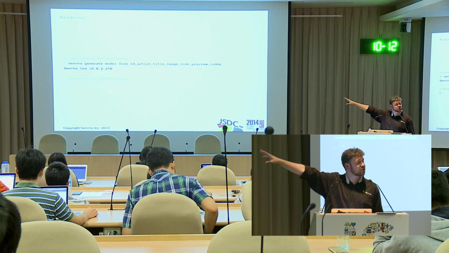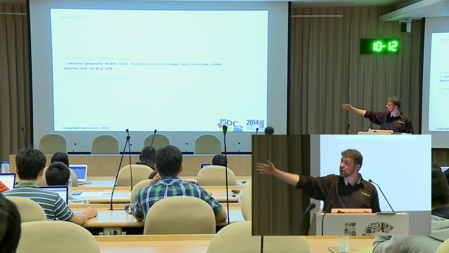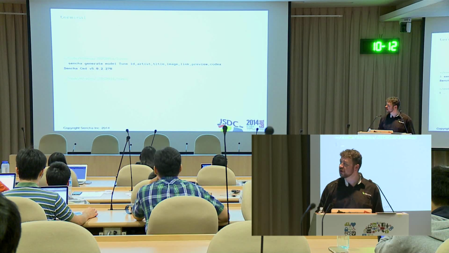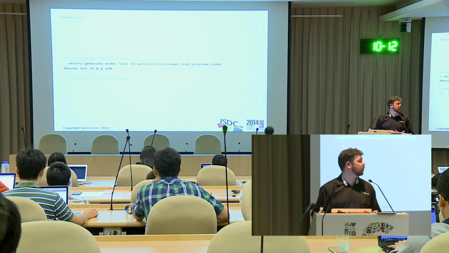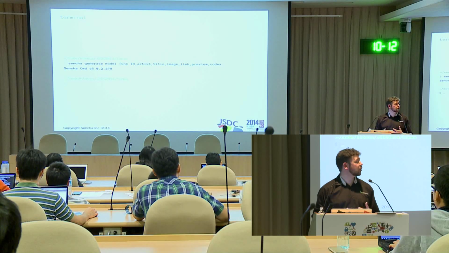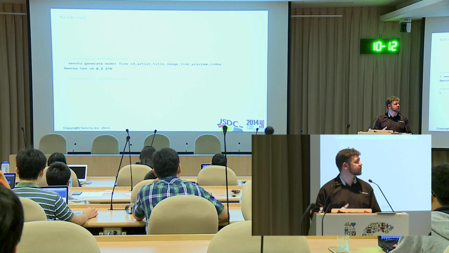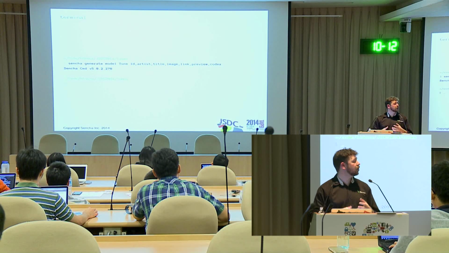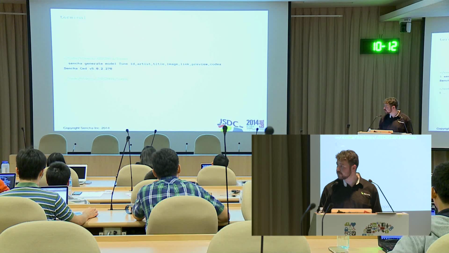The information we need for our application is an ID, an artist, a title, image, a link, a preview, and because we're using video, we're also using a codec, so the browser that's interpreting the HTML5 video tag knows what codecs to use.